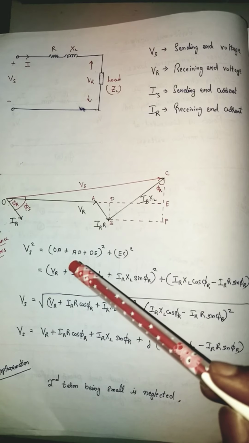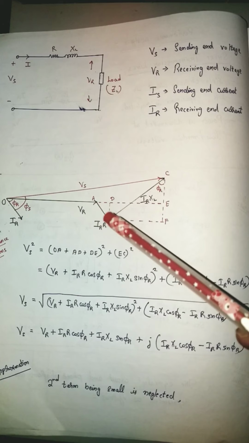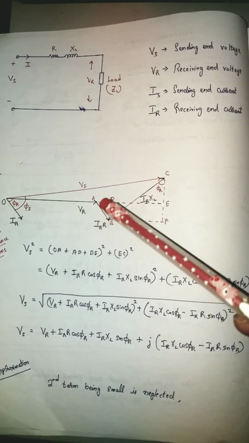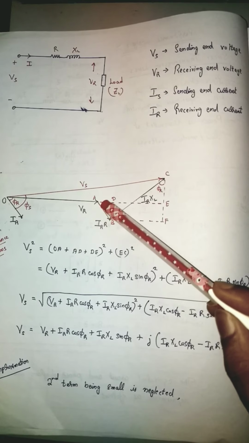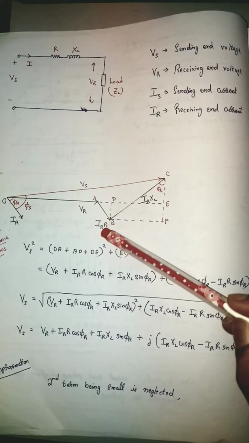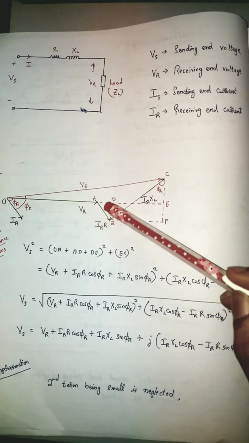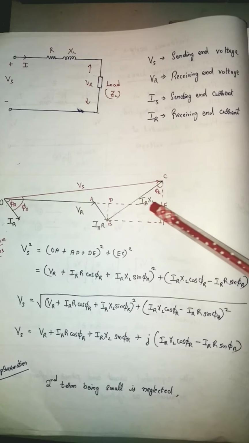Then comes AD. See, AD is basically IRR cos phi r. This angle is phi r. So this is the cos component of that. So IRR cos phi r is nothing but AD. Next, I have to write the expression for DE.